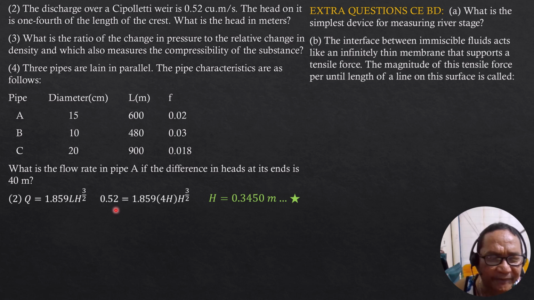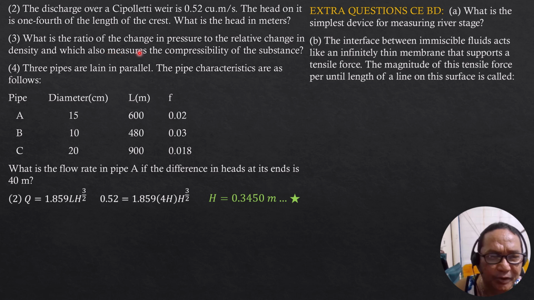So solving for head, 0.52 divided by quantity 1.859 times 4, then the answer is raised to 2/5, which is the reciprocal of 5 halves because 1 plus 3 halves is 5 halves. So that's why the head is 0.345 meters.